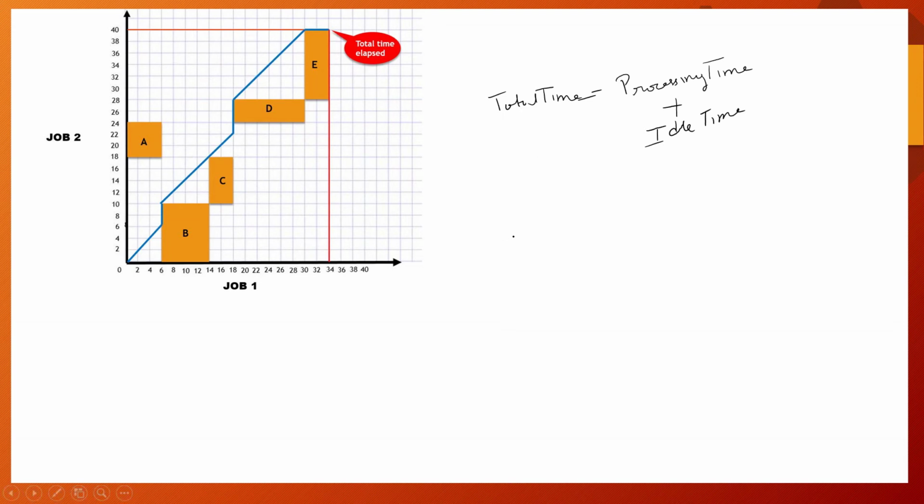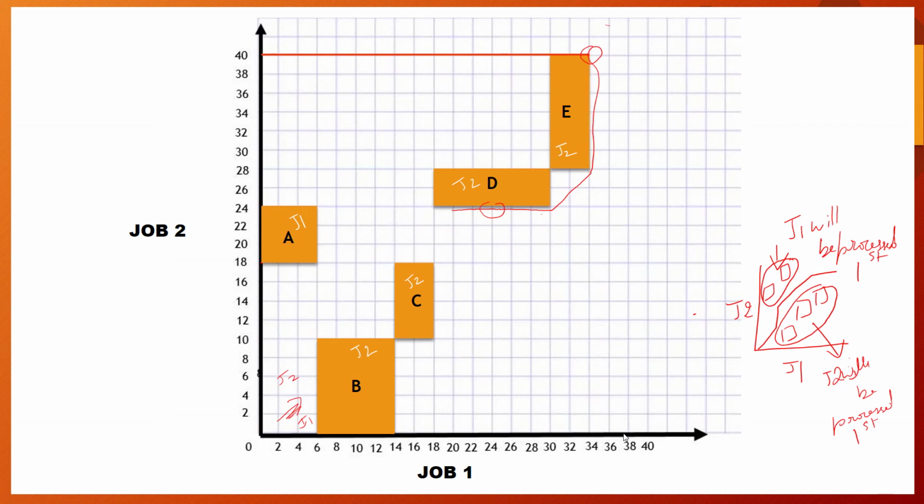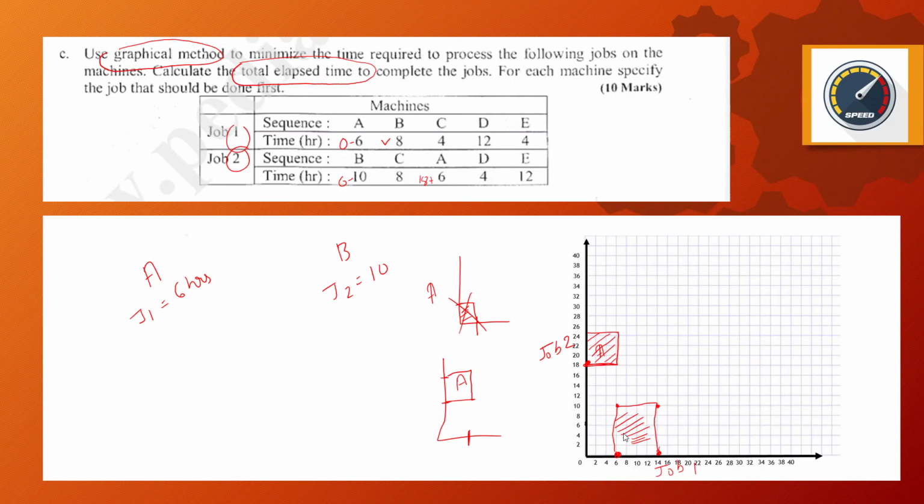So we need to find the sum of these numbers. Here the processing time is 6 plus 8, 14, 18, 30 and 34, and here it is 40, 18, 24, 28 and 40.